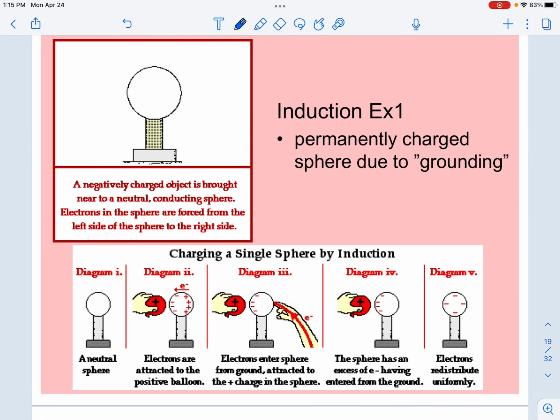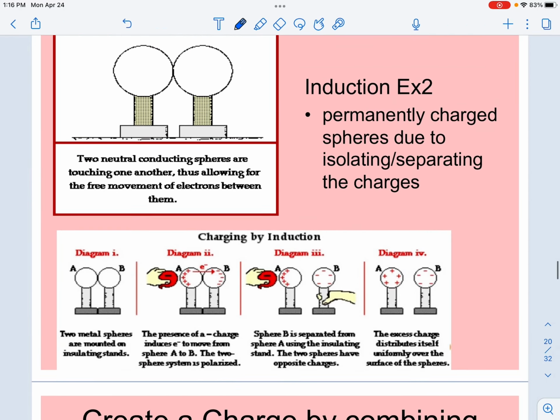Now, there are some specific examples here that I have illustrated. We have our example here shows that we can create permanent charges because once induction occurs and those electrons are moved, we can then force those objects to maintain their charge.